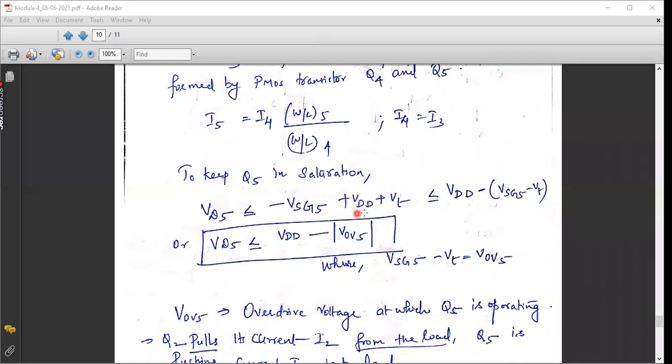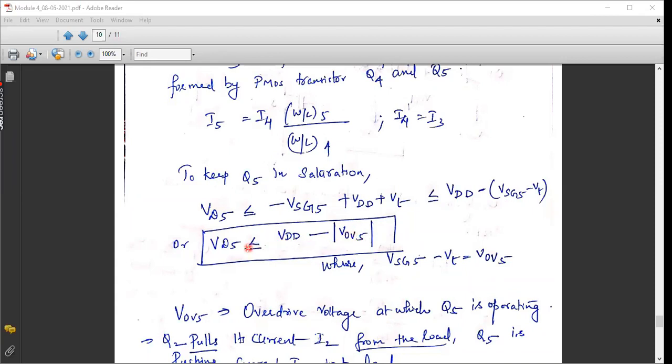Now I'm going to rewrite this term. Less than or equal to, I will retain the term VDD here. I'll take minus outside. If I take minus outside, this will become positive and this will become negative. So minus of VSG5 minus VT, where VSG5 minus VT can be considered as the overdrive voltage of transistor Q5. I will consider this as VOV5, and I will put it in magnitude, the modulus value, because this is a PMOS transistor.